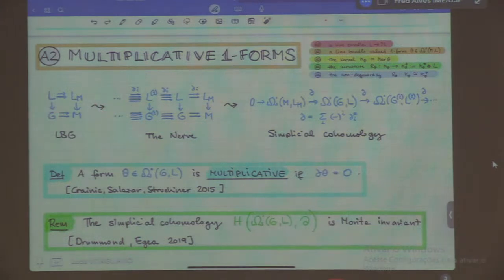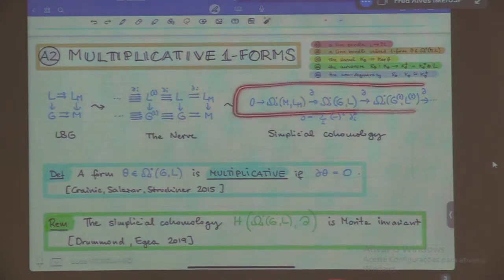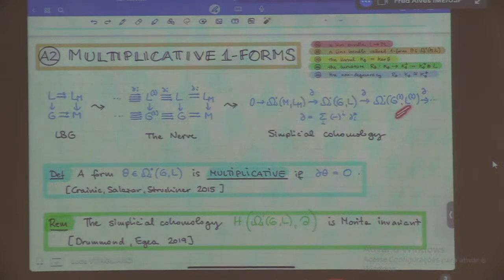What is important here is that all face maps, because the curve is trivial, are isomorphisms on fibers, and this allows you to define a simplicial differential on the line bundle valued differential forms on the nerve of G. As usual, the simplicial differential is just the alternating sum of the pullback along the face maps.